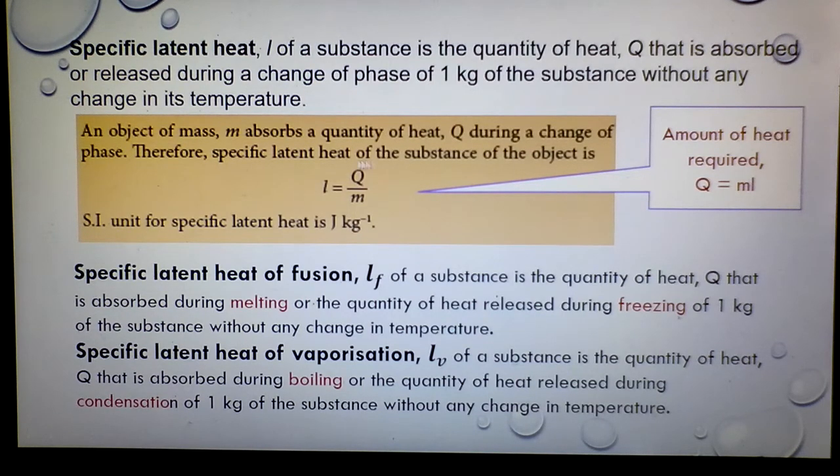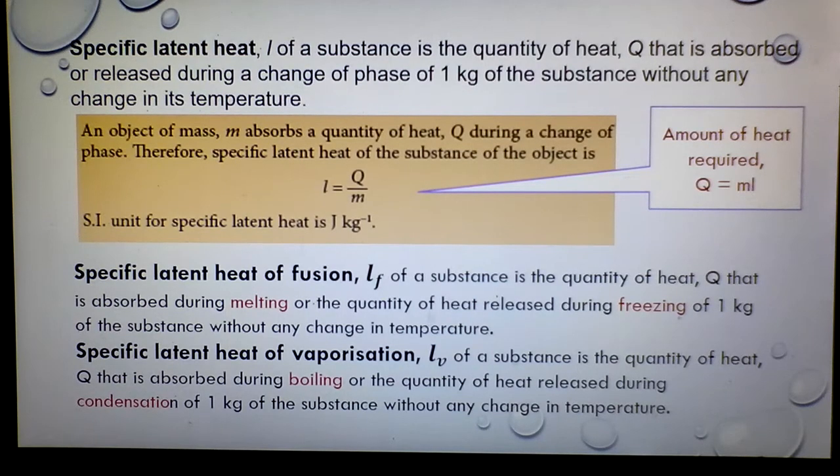Therefore, specific latent heat of a substance is l equals Q divided by m, the amount of heat per 1 kg mass. The SI unit for specific latent heat is joule per kg, J kg to the power -1. And from this formula, we can derive the amount of heat required, Q equals ml.